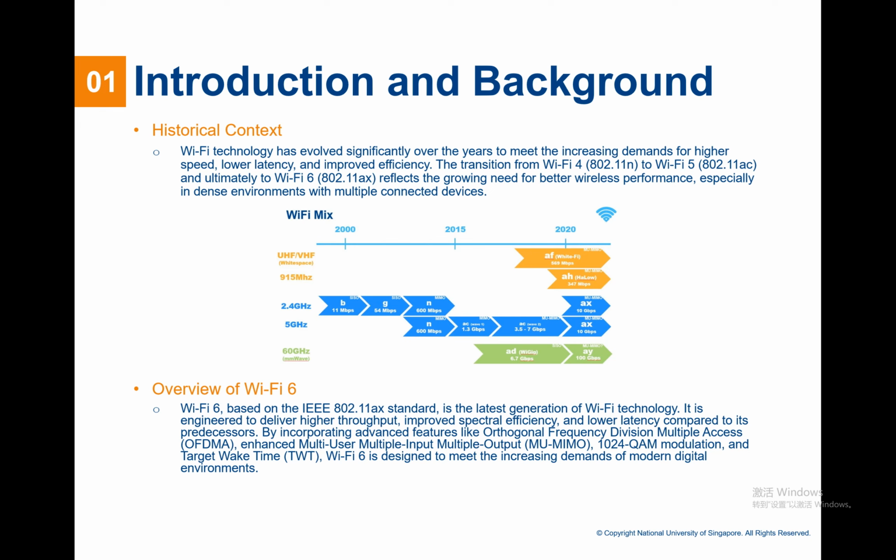By incorporating advanced features like orthogonal frequency division multiple access, enhanced multi-user multiple input, multiple output, 1024 QAM modulation, and TWT, Wi-Fi 6 is designed to meet the increasing demands of modern digital environments.